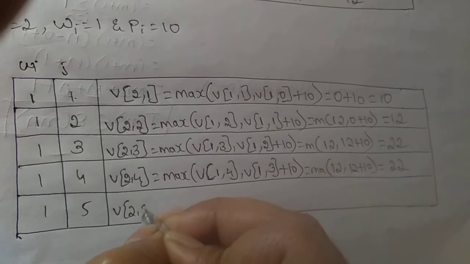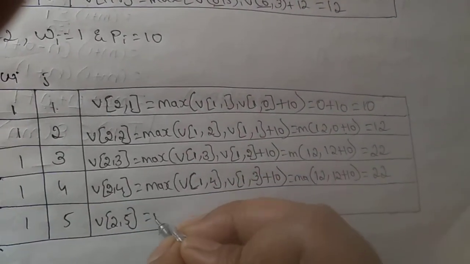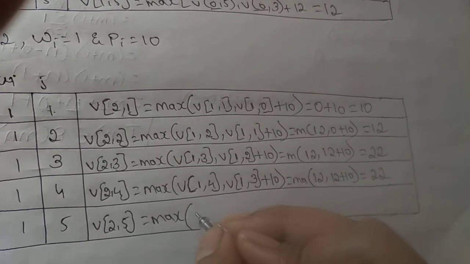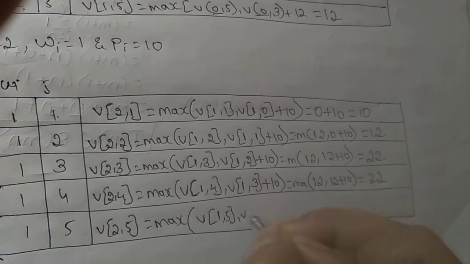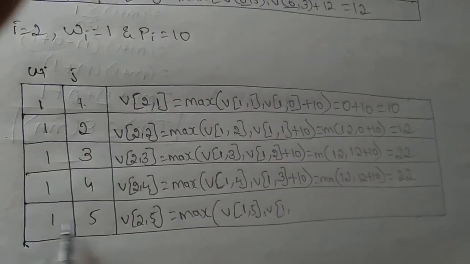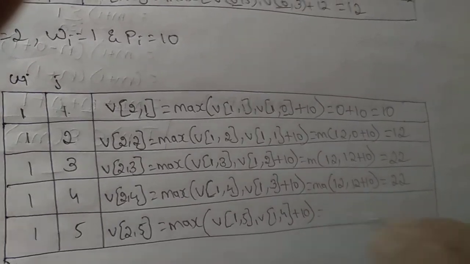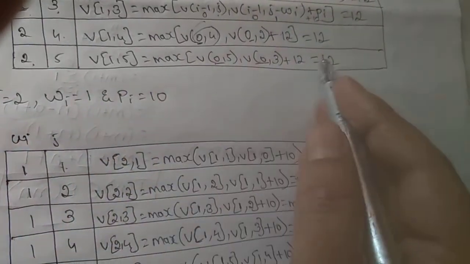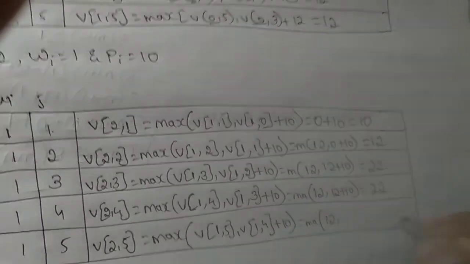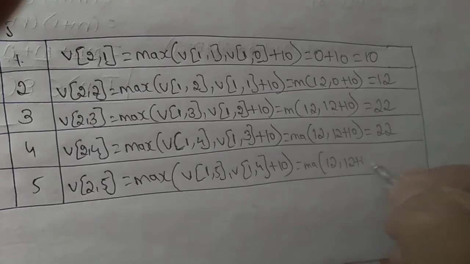v of 2 comma 5. Here also wi is less than j. Go with this formula again. i minus 1 is 1, j value is 5, i minus 1 is 1, j minus wi, that is 4, plus 10. Then the maximum of 1 comma 5, which is 12, and v of 1 comma 4, which is 12 plus 10.